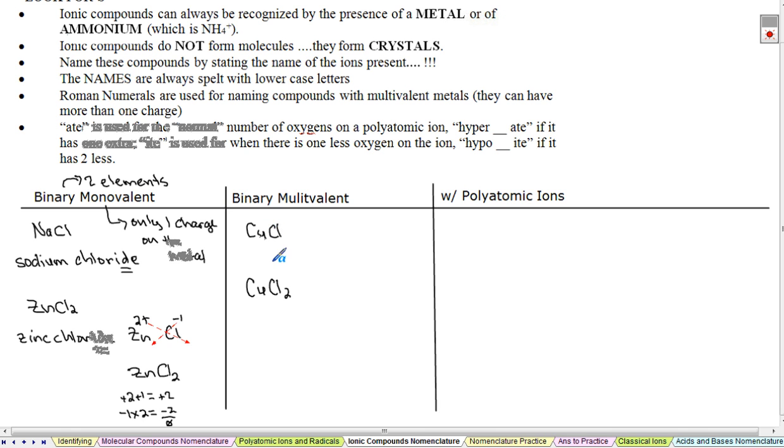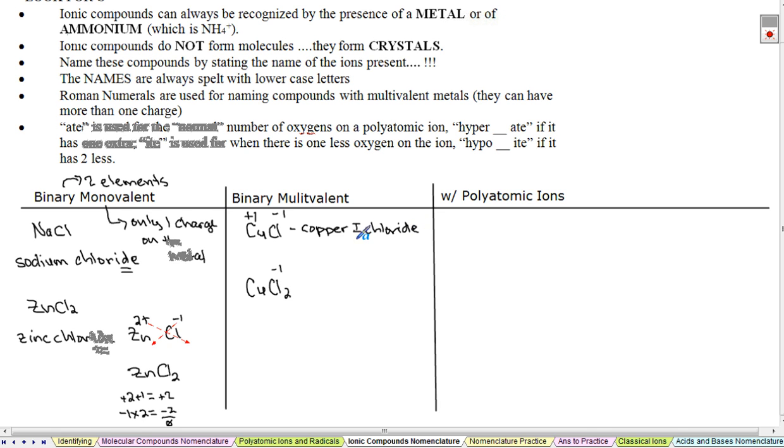What would the charge on copper be here? Well, we always know that chlorine's got a charge of -1. If I have one copper, then that means it must have a charge of +1. Hence the name here is copper 1 chloride.